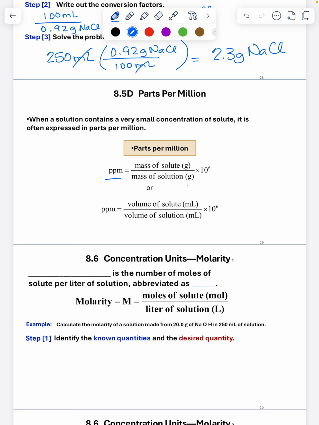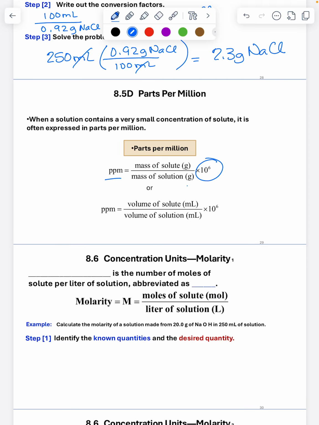And so a million is a number with 6 zeros, so that's why we have the times 10 to the 6th here. And so just be aware that parts per million are used quite a bit.